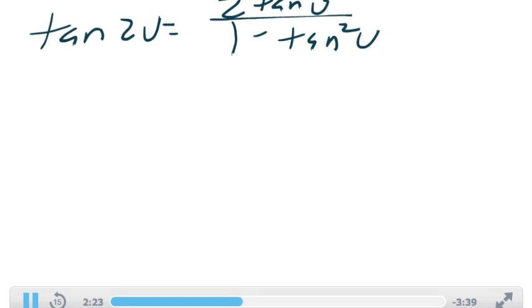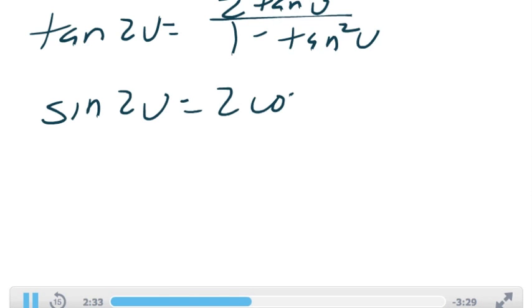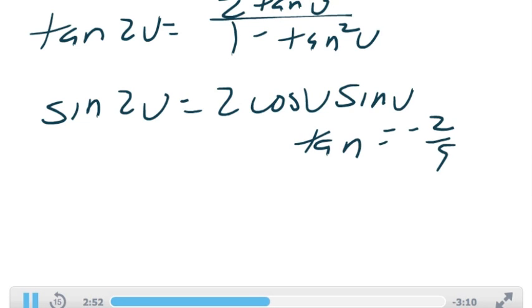But here's the problem. If we are trying to fill out this, sine of 2u is 2 cosine u sine u, but all we were given was tangent is minus 2/9. Well, what do we do with that? Where do we go from there? This says that we have a triangle, and my tangent's going to be negative, right?